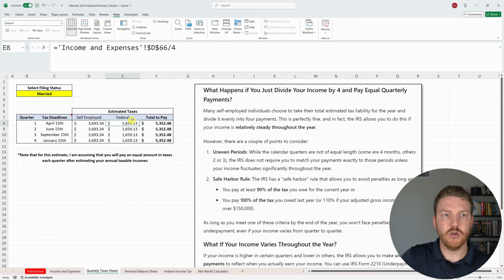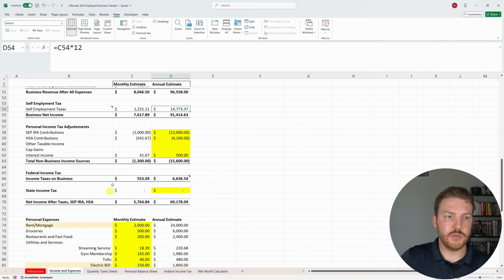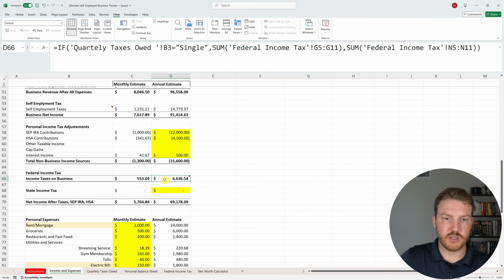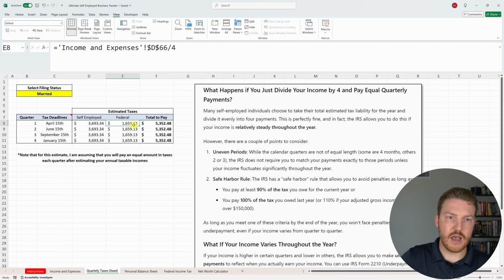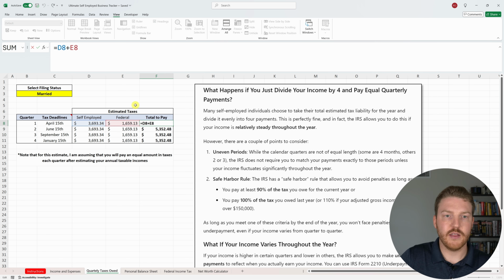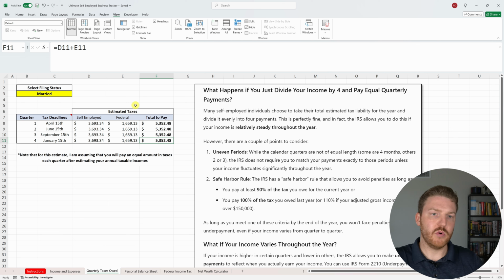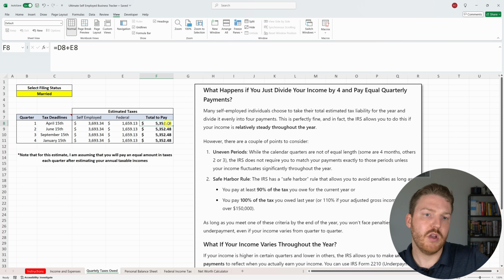Then for federal, that's going to be income and expenses D66, which should be our annual federal income taxes of $6,636. And then we divide that by 4, so we split it into 4 equal buckets. Then we'll add the 2 together. And then we're figuring out that based on everything we've seen in this document, we basically need to be sending about $5,300 to the IRS every single quarter as a self-employed individual.